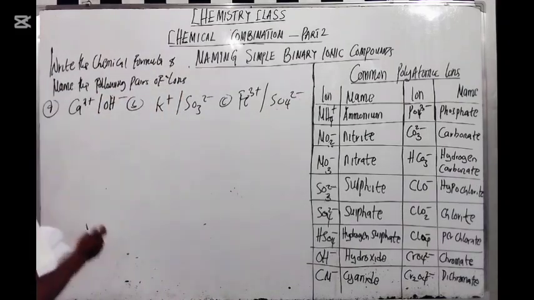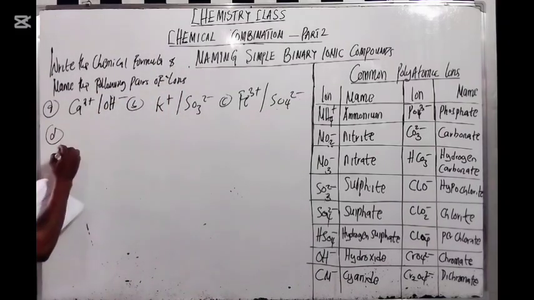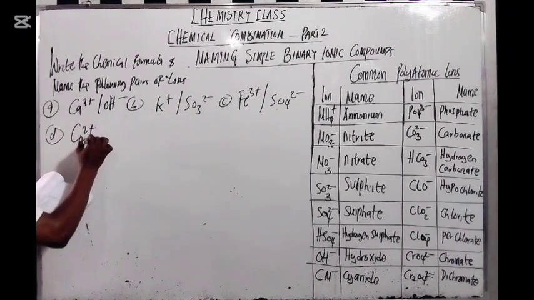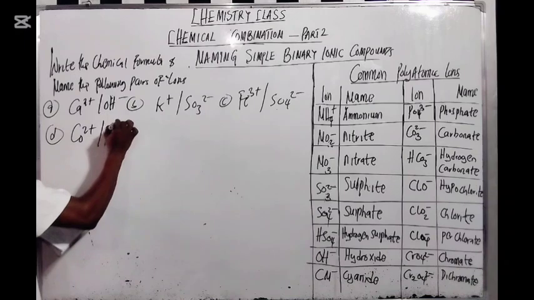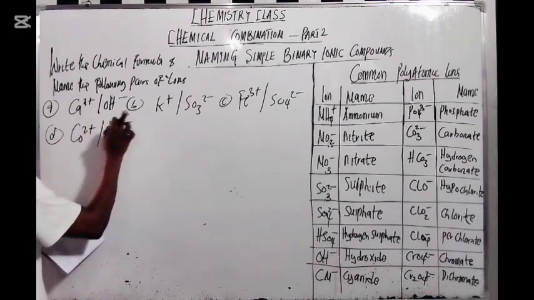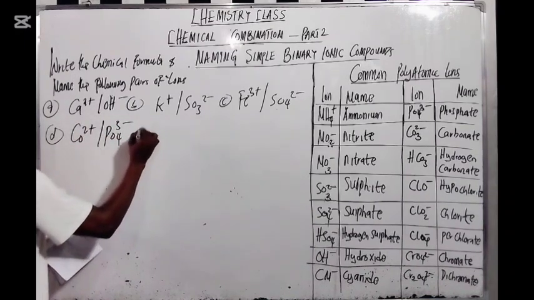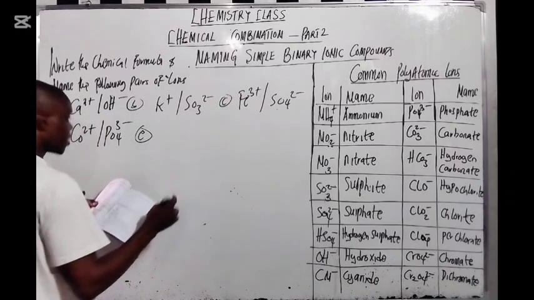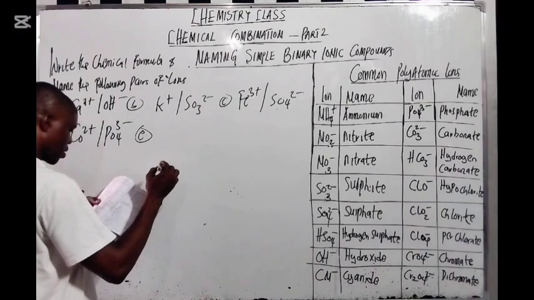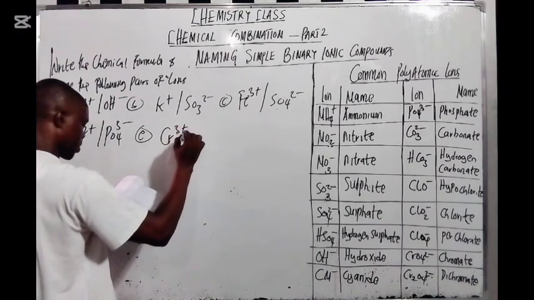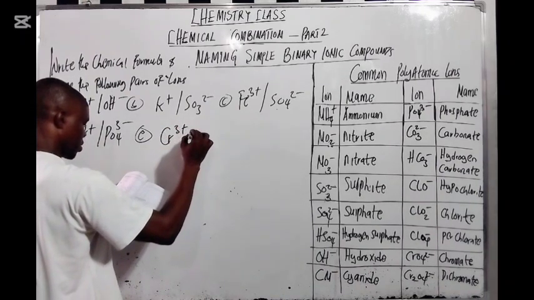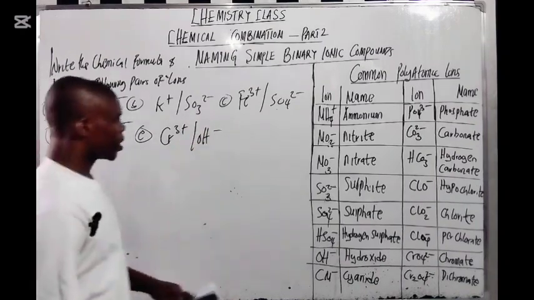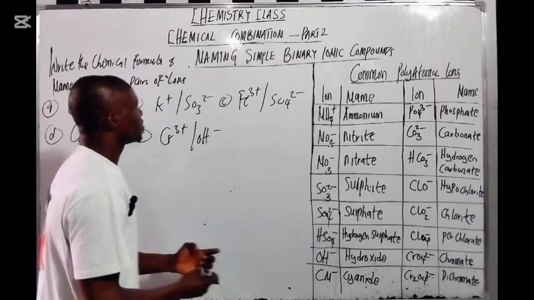D, Co2+ slash PO4 3−. E, Co3+ slash OH−. So what I want you to do here is to write the chemical formula and give the name.